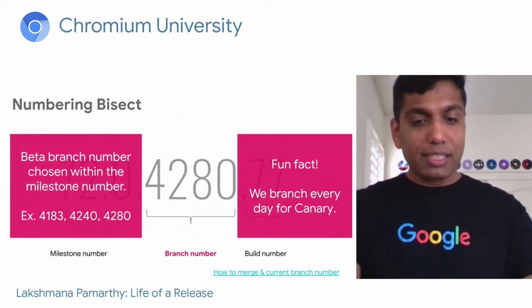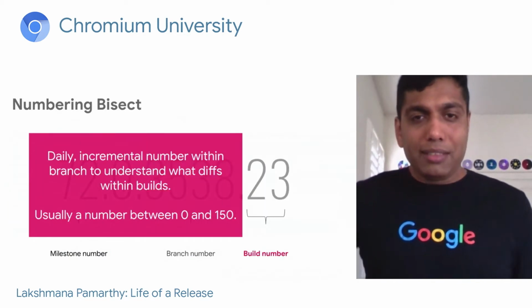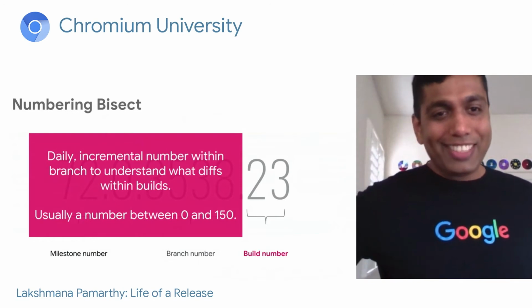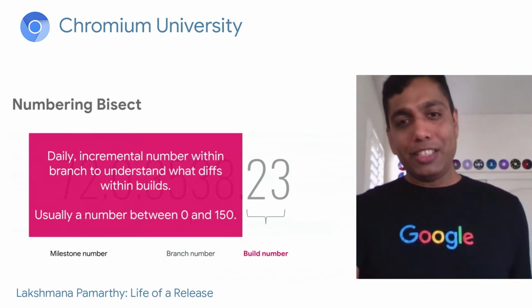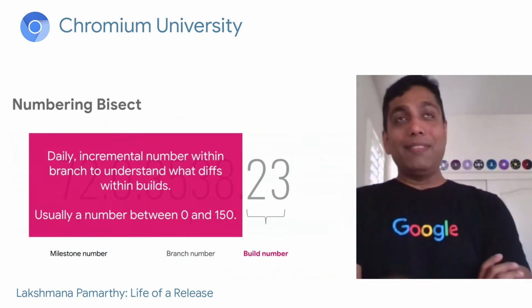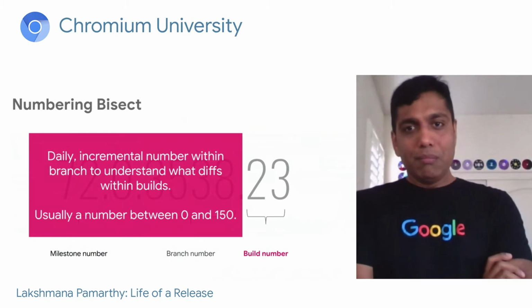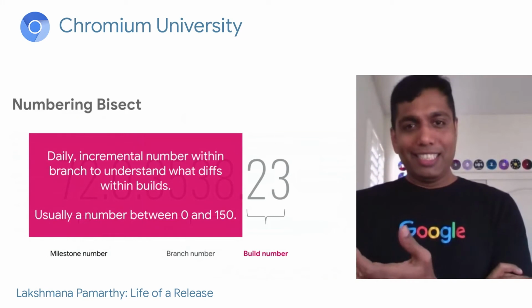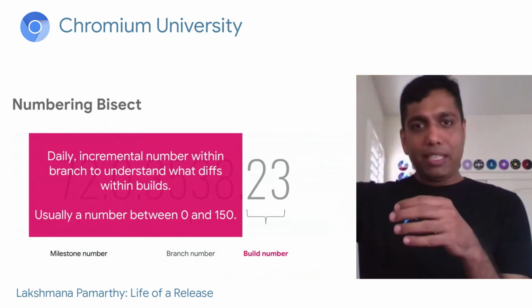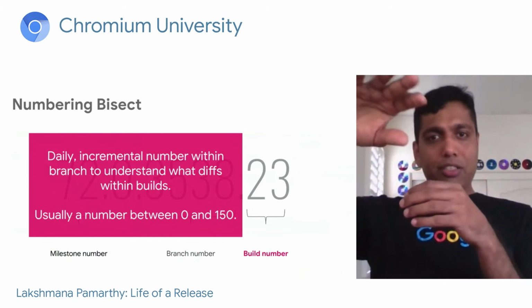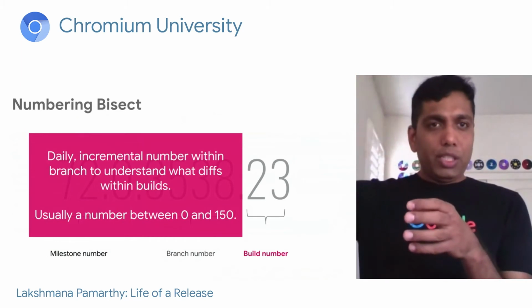The next one is the last number, which is the build number. What does this mean? This tells you that within that branch also, we do builds every night. There is a master build happening every night. We are branching, like I told earlier, 4280, 4281, 4283.